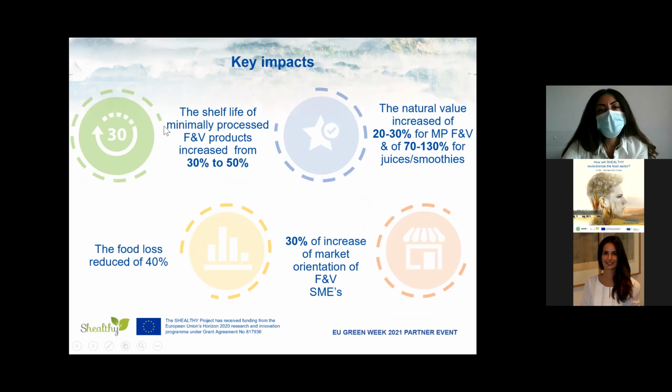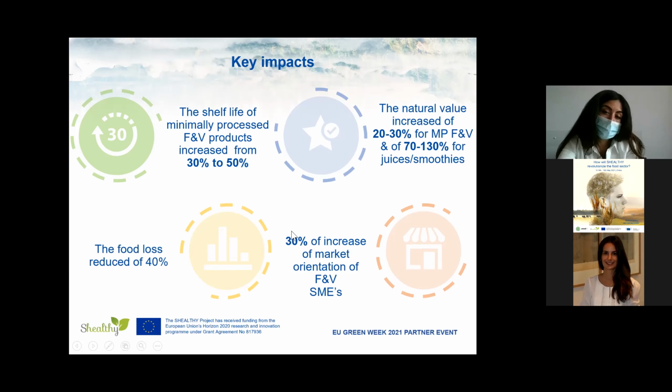So here you can see the key impacts that we want to achieve through our SHEALTHY project, basically to prolong the shelf life of fruit and vegetable products, to reduce the food loss, especially during the post-harvest phase of fruit and vegetables, but importantly, to increase the natural value of minimally processed fruit and vegetables and juices and smoothies.